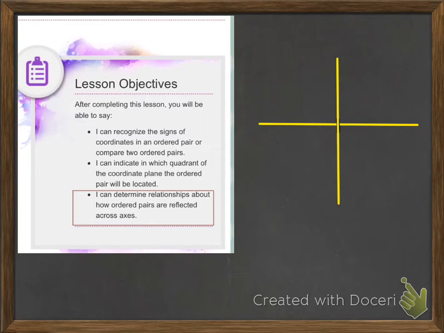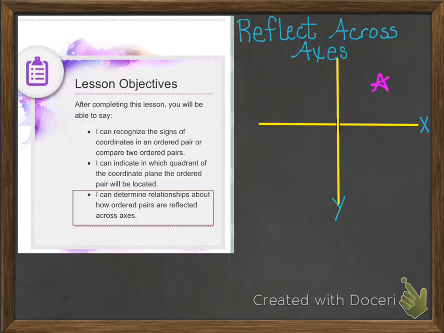So you want to keep that in mind. There's going to be some oppositeness of this. So we've got our x-axis and our y-axis labeled here. If we're reflecting across the axes, let me explain what that means. Let's say I have an ordered pair or a point up here in quadrant 1. So I just put a star there.